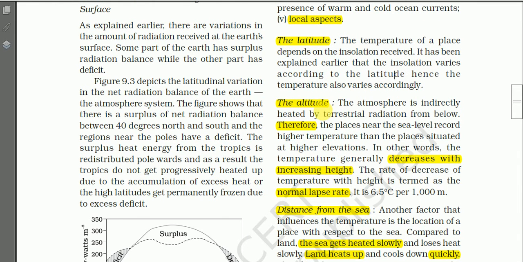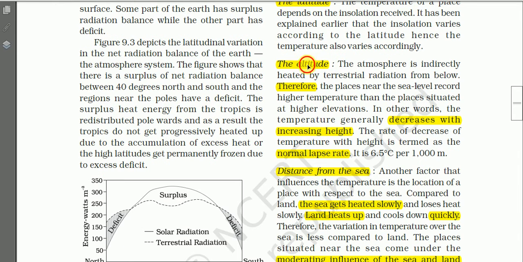Next we have altitude, that is the height of a place from the sea level. The atmosphere is indirectly heated by terrestrial radiation from below. This we learned earlier in the previous lesson. Therefore, places near sea level record higher temperature than places situated at higher elevation.